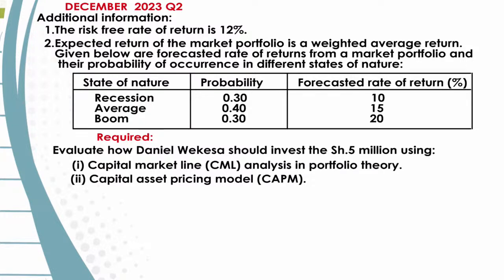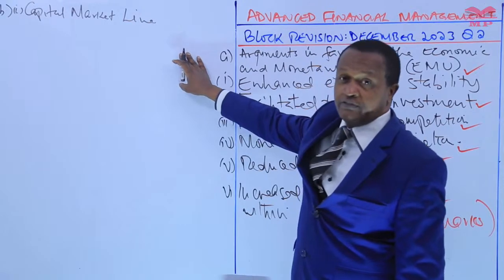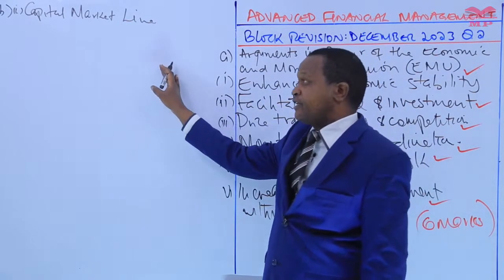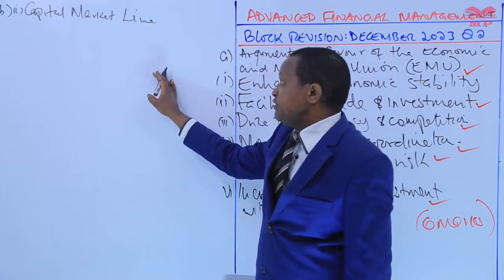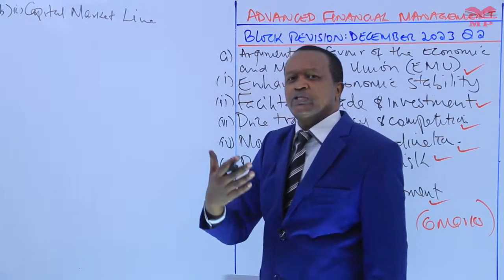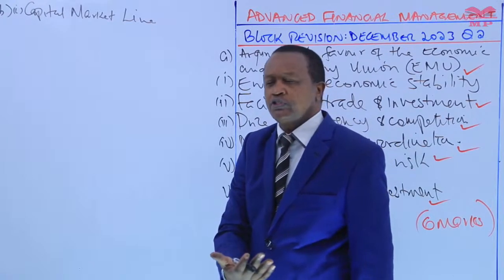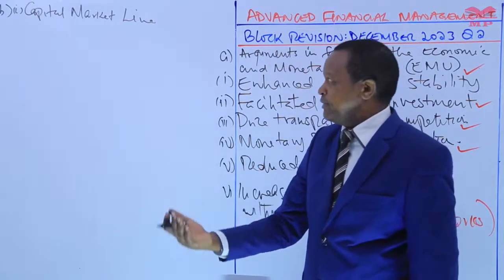Now, candidates, the capital market line is a fundamental concept in finance that illustrates the relationship between risk and return for efficient portfolios within a given market.